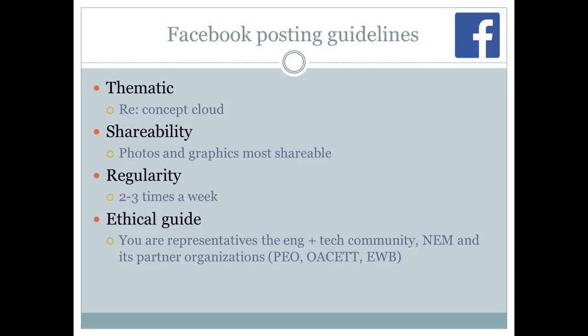And as far as an ethical guide, I think that this probably goes without saying, because we're all professionals. I just want to remind you that when you're posting under National Engineering Month, as in general, you are representing the partner organizations, and you want to make sure that the content that you share is appropriate and it's relevant to the topics that we all care about.